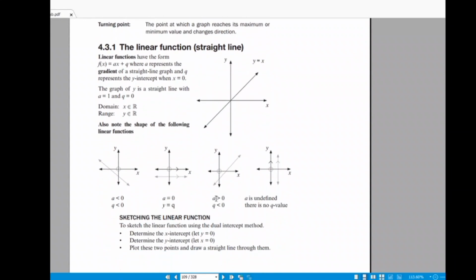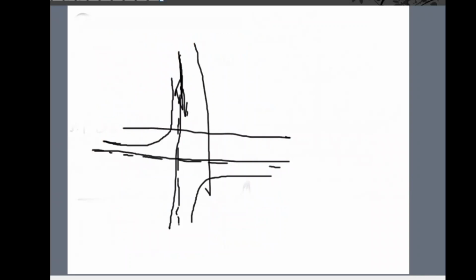Okay, then we have linear functions, or a straight line, right? A linear function has the form f of x equals ax plus q. I always use y equals mx plus c, but it's the same thing.